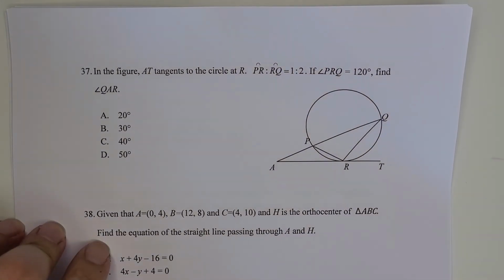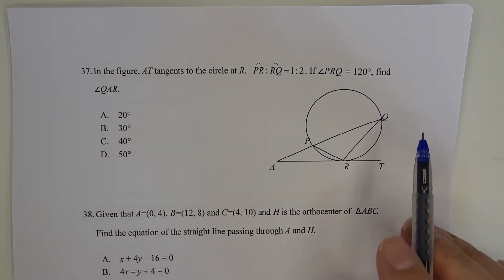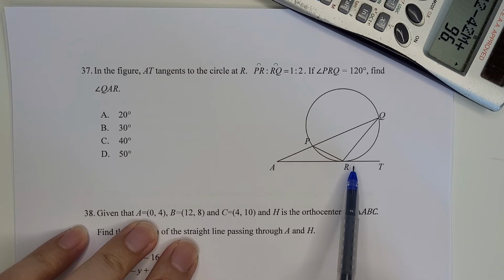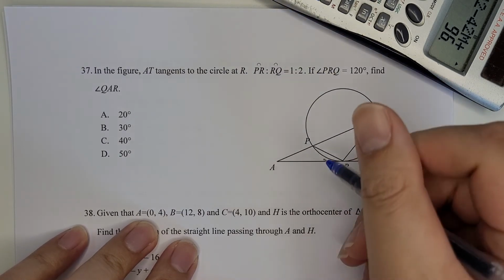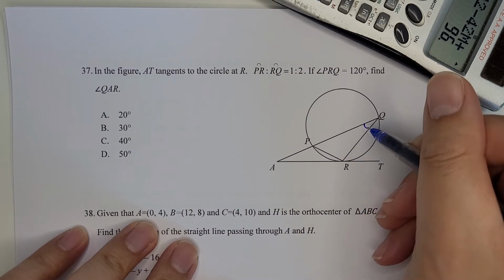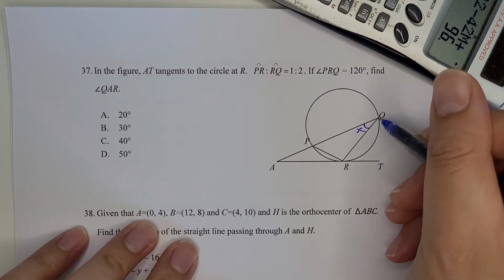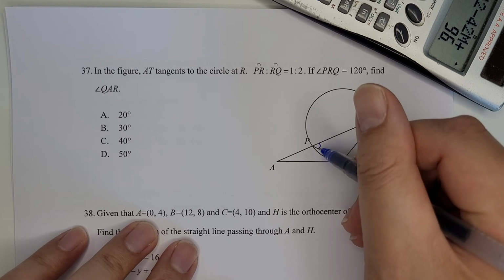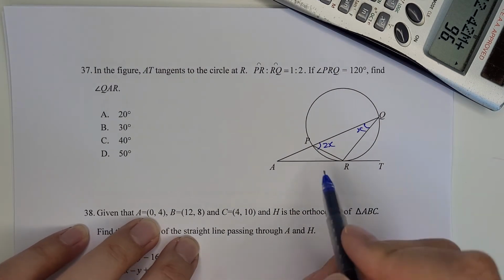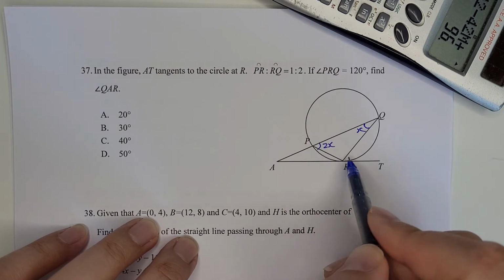Go to question number 37. For question number 37, AT is the tangent to the circle at R. PR to RQ is 1 to 2. So you can directly draw this: angle PQR will occupy 1x and angle QPR will occupy 2x, because their arc length ratio is 1 to 2.